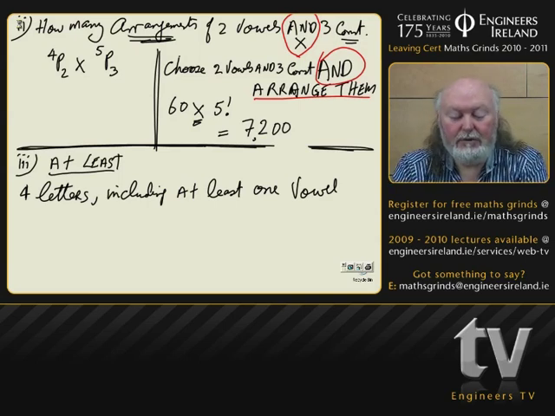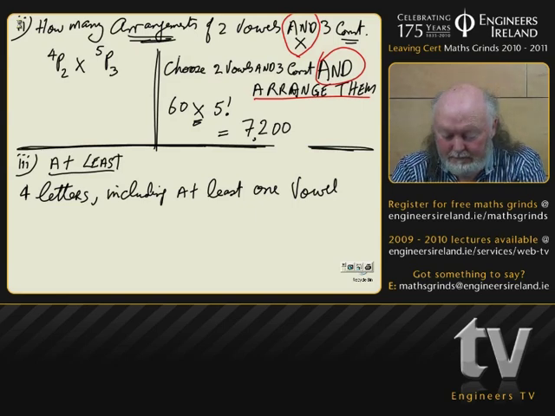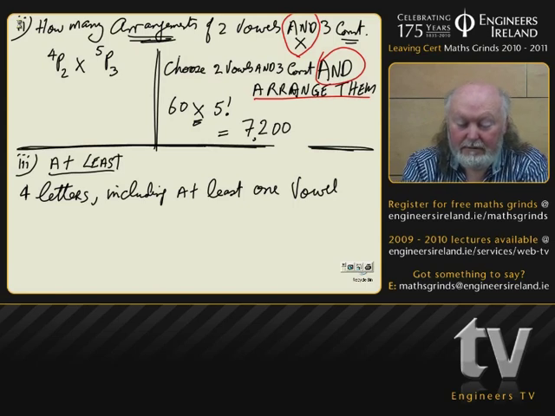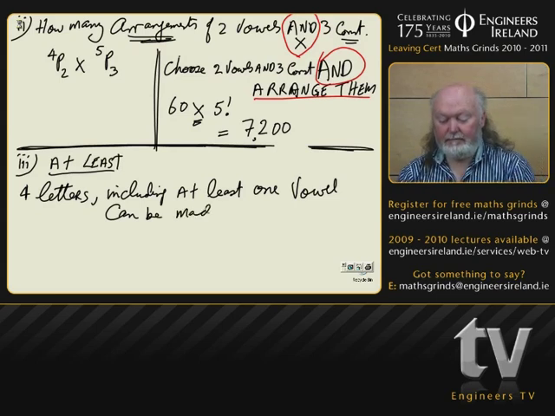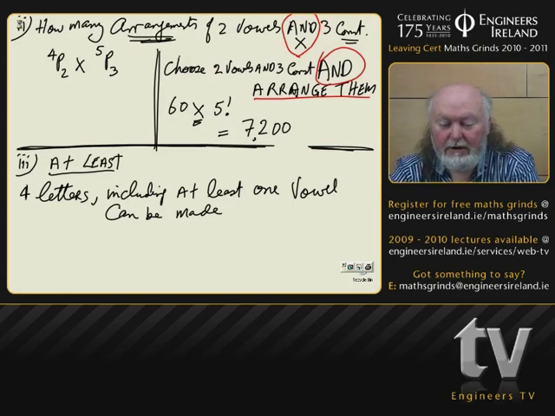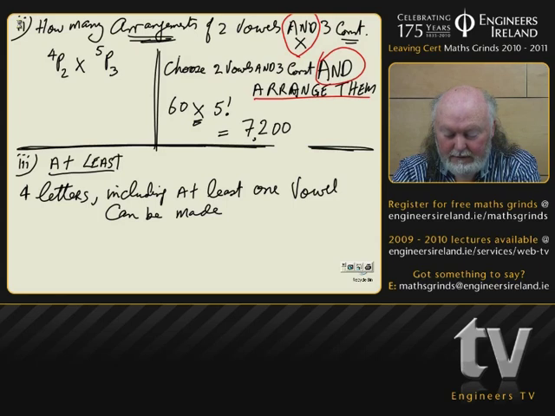So how many of 4 letters that include at least one vowel can be made? Well, that's a particular problem now, isn't it? Because at least one vowel means that it could have 1 vowel, 2 vowels, 3 vowels, or 4 vowels. And you'd have to do lots of calculations.